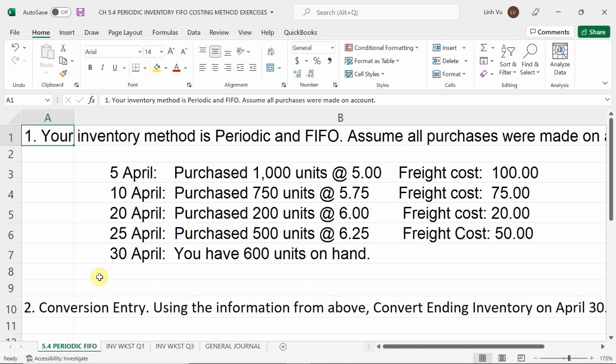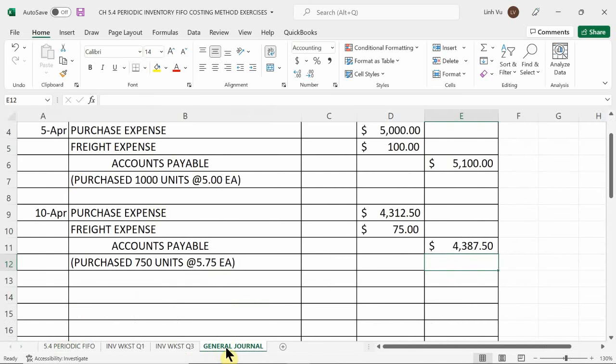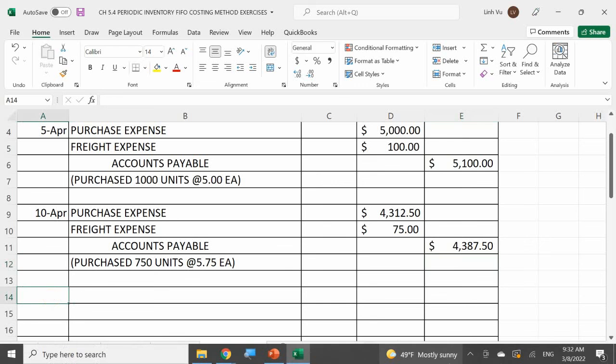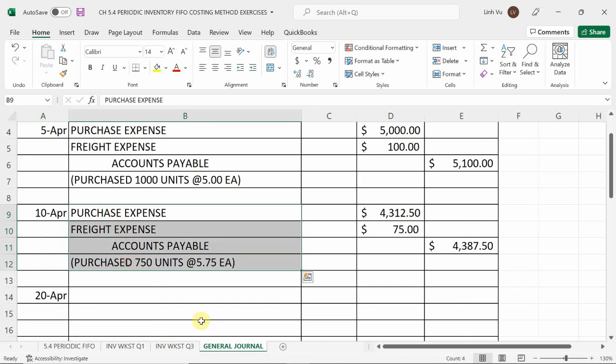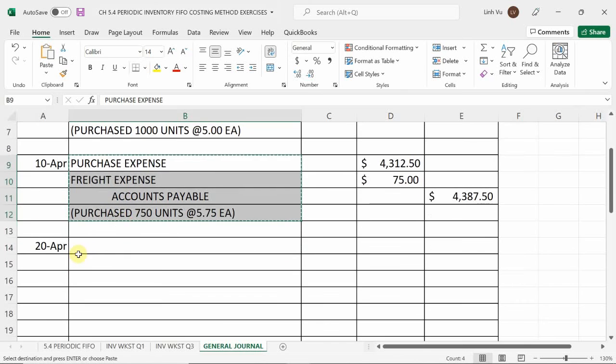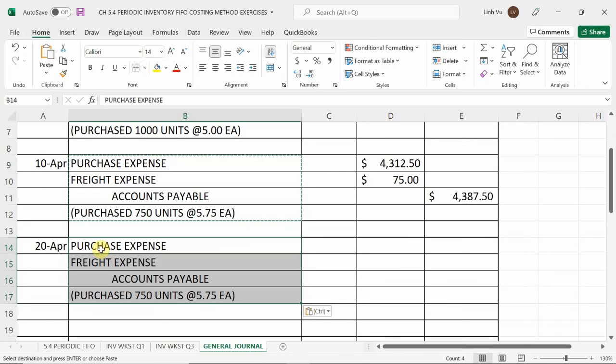April 20th, we end up purchasing 200 units at $6 each, with the freight costing $20. Okay. So, how do I represent that? Purchase expense.